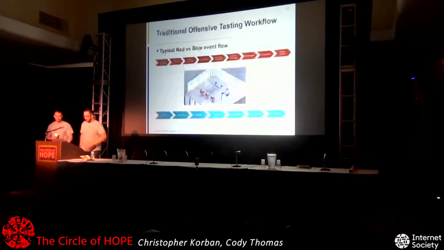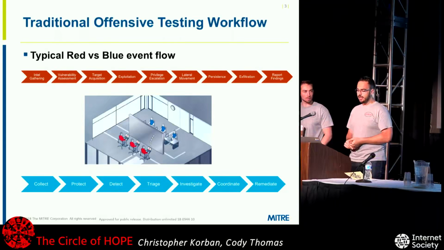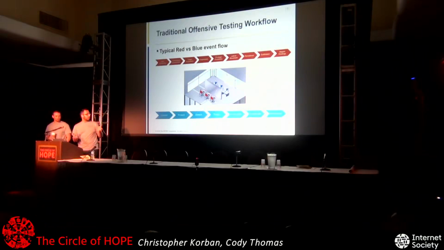Awesome. So first things first, I wanted to start with what we think the root cause or the root problem really is for a lot of the issues that we're trying to solve. And as you can see above, what we think that is, is this traditional offensive testing workflow.